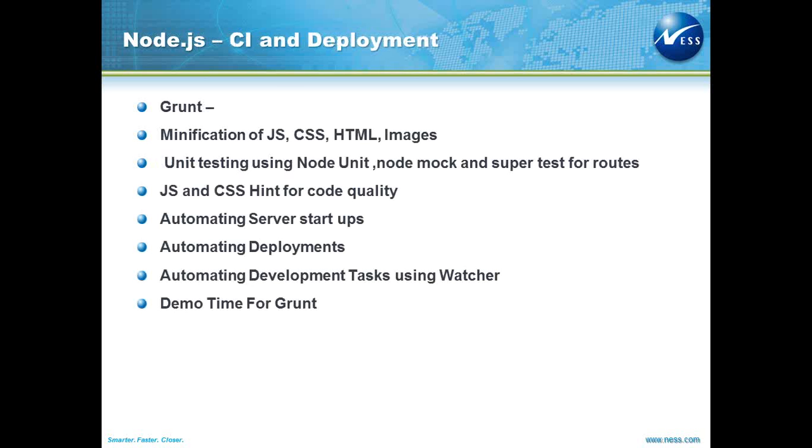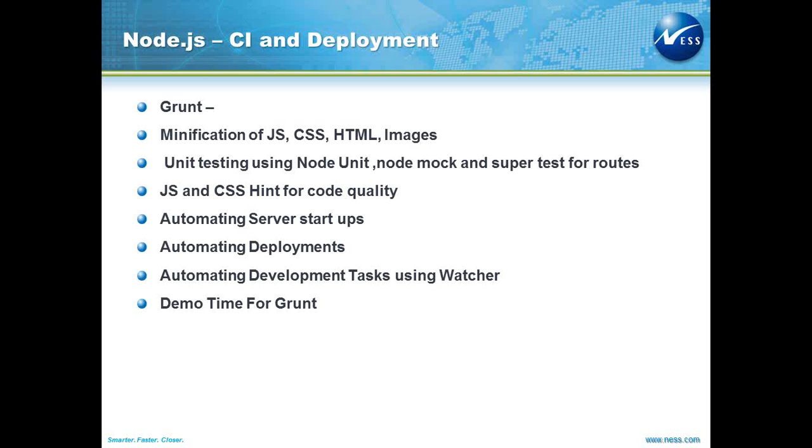One of the most important things that we see is continuous integration, continuous inspection, and continuous deployment, right? This is definitely possible with Node.js. Grunt is essentially a task runner, and it has a whole suite of plugins under its umbrella.